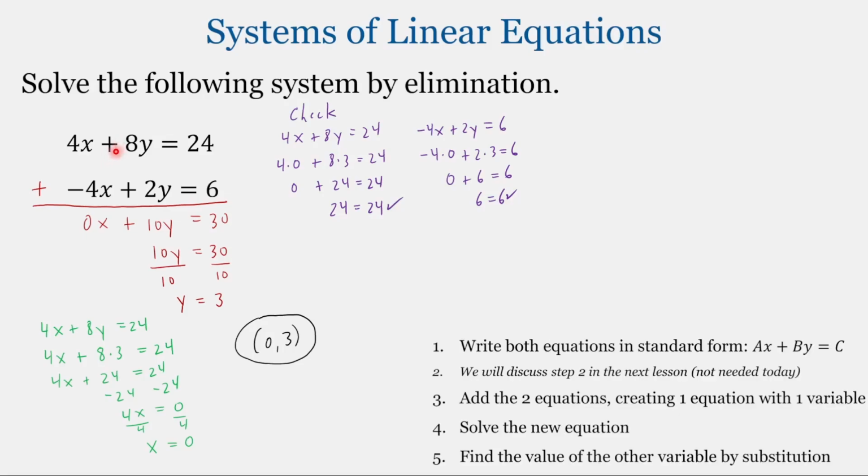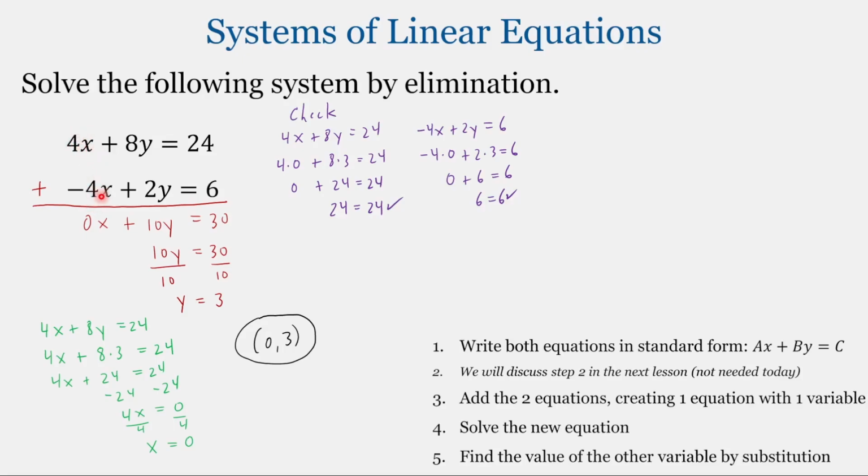In the examples today, when we added the two equations together, one variable was eliminated. In this example, the x variable was eliminated. That is because for one variable, the coefficients were opposite each other. In this case, we have a coefficient of 4 and a coefficient of negative 4.